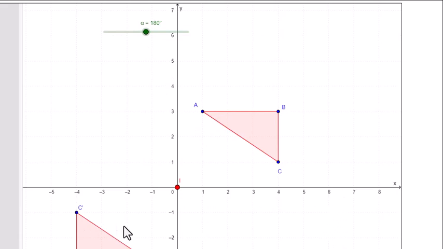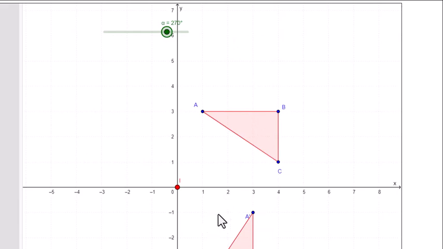And it won't let me move it, but you can kind of see where the shape would end up. And then you could do a 270-degree rotation, which ends up making the shape kind of like that. And I'm sorry that you can't see the whole thing, but you can get the idea of what the triangle would look like. And a 270-degree rotation counterclockwise is the same as a 90-degree rotation clockwise.